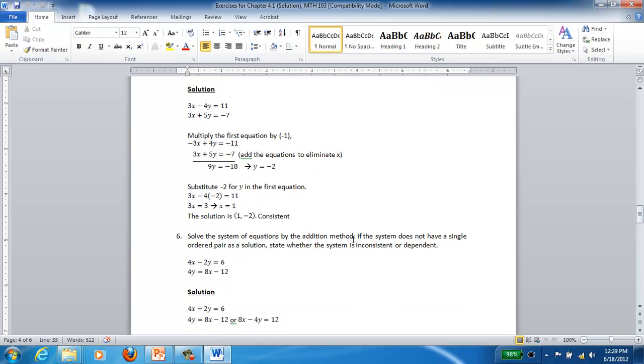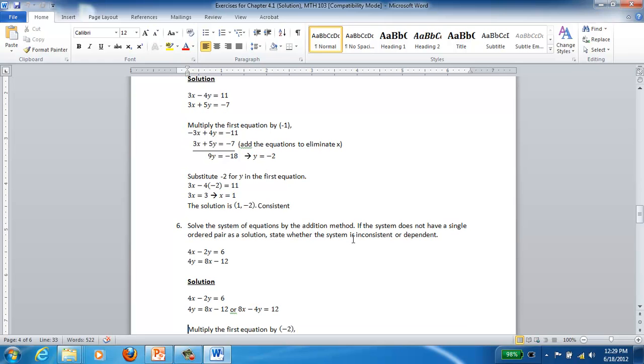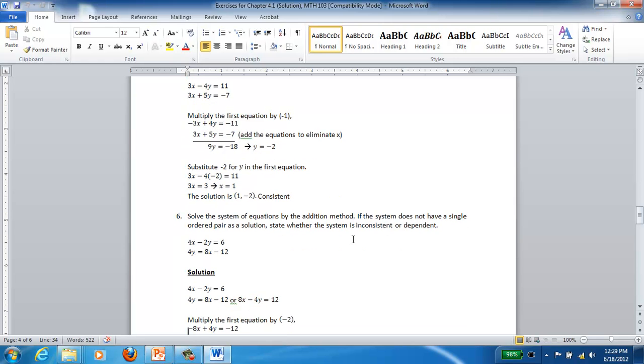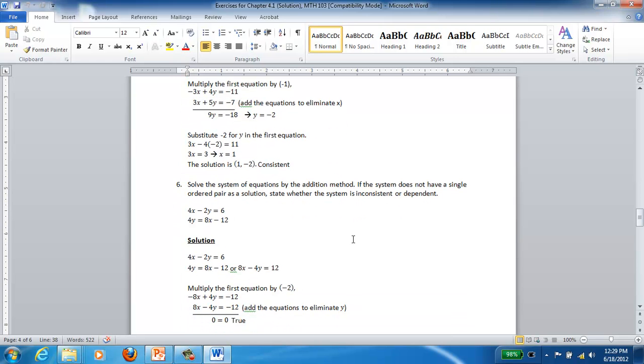Solve the next system again by the addition method. 4x minus 2y equals 6 and 4y equals 8x minus 12. Let's first make sure that both equations are in standard form. Doing that, we see that negative 8x plus 4y equals negative 12, and positive 8x minus 4y equals negative 12.